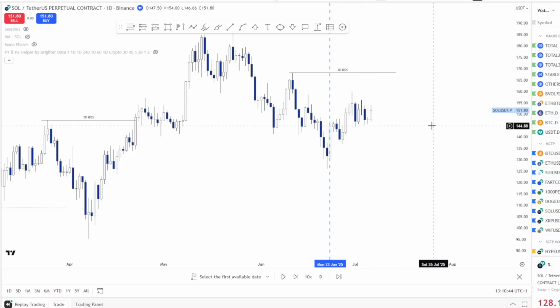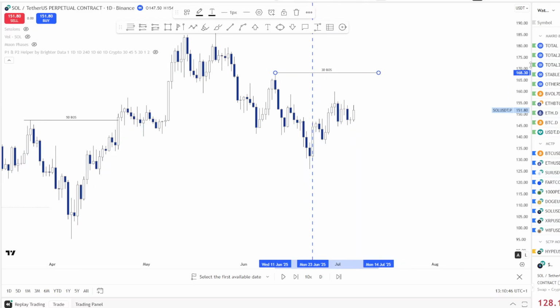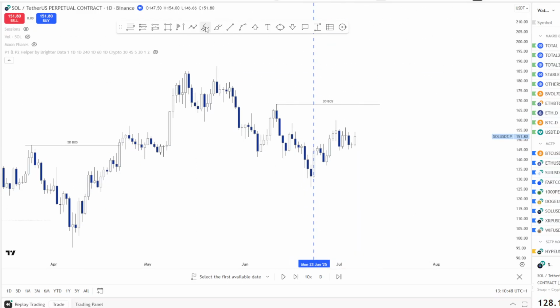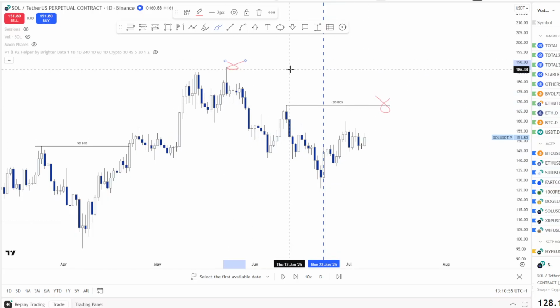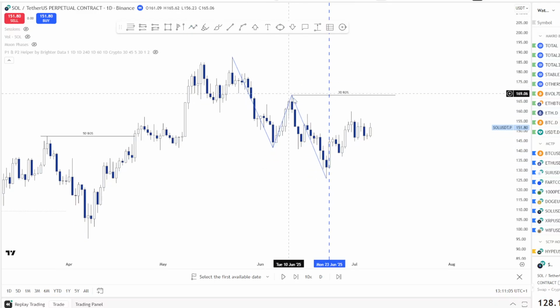On the daily, we have nothing, because now we know that if we break this high here, this means that we will get up here to our 5-day high. So now we can say that this is our level 1 market structure pool, like the 3-day.